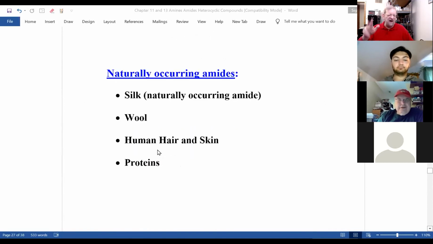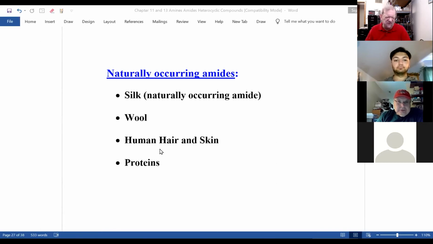Now, the switch is still off, but just in case you're wondering, what are certain amides? Well, silk is an amide. Wool is an amide. My skin, your skin, what's left of my hair, your hair, is an amide, because it's made up of proteins, and proteins are naturally occurring amides.